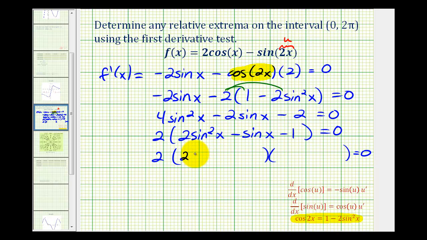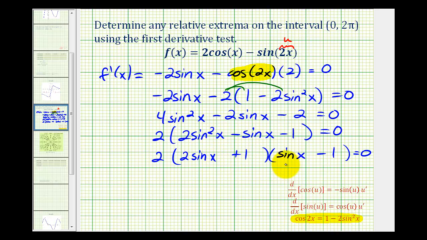So we'll have 2 sine x and sine x as the factors of 2 sine squared x. And then we want to put the factors of negative 1 in the second position so that the inner product and outer product is equal to negative sine x. So we'll put the minus 1 here and the plus 1 here.